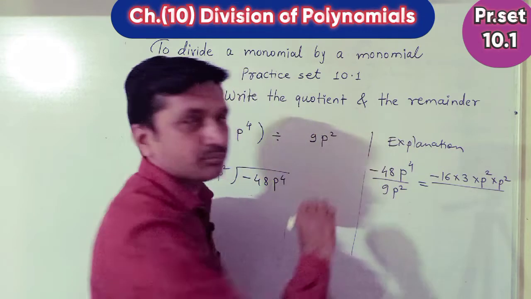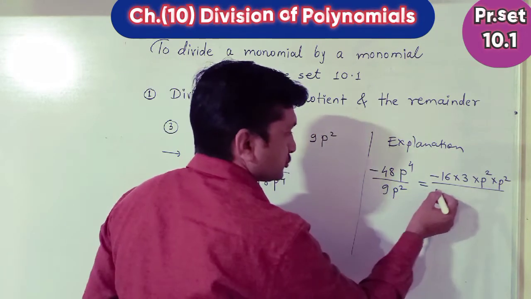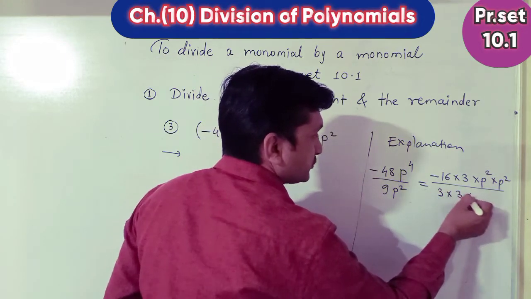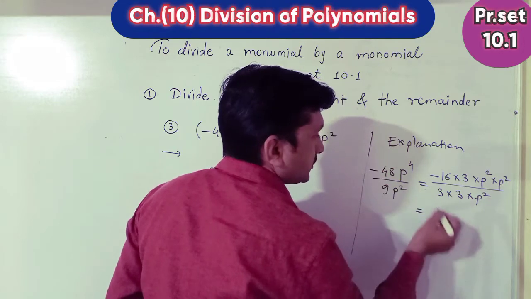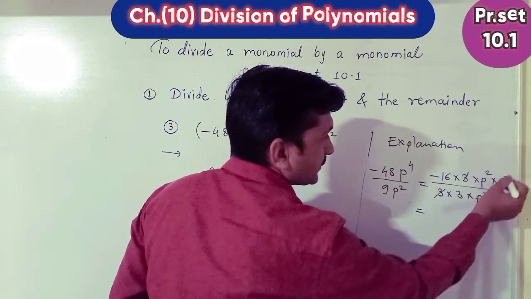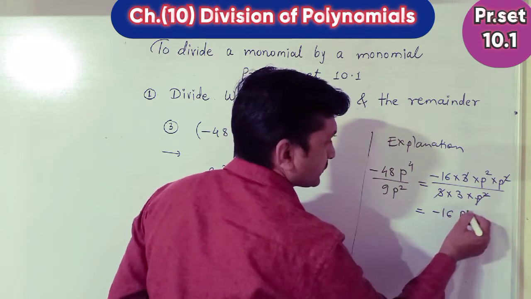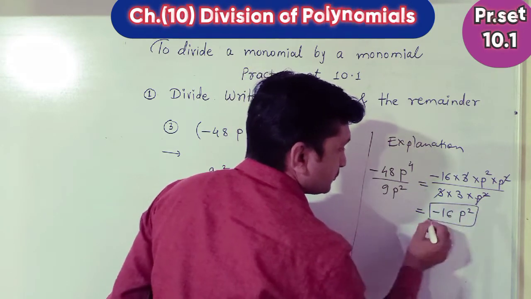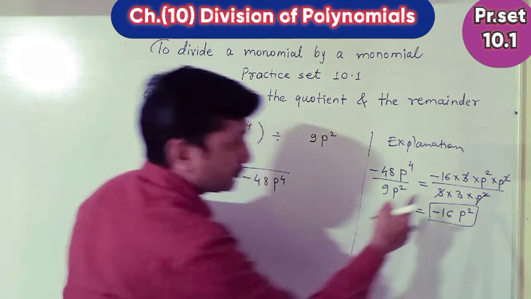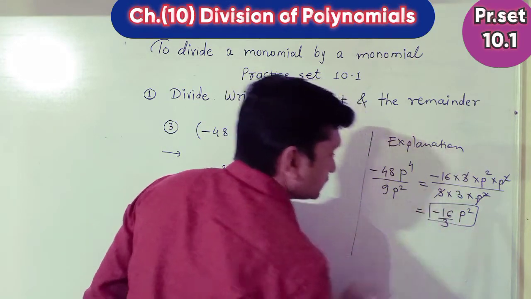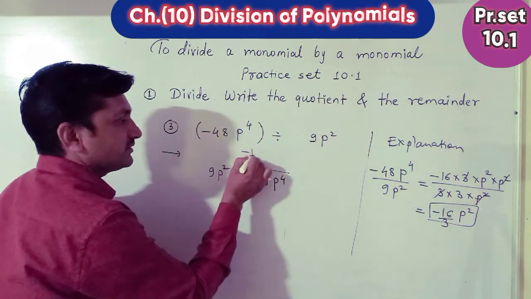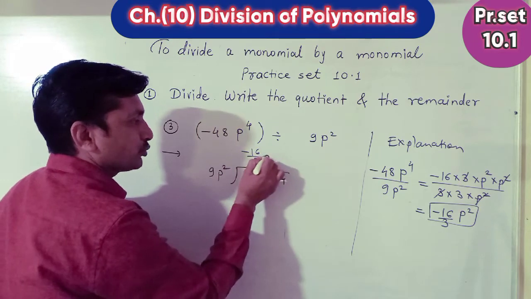Factors of 9, 3 3s are 9, p square as it is. Now 3 will get cancelled and this p square cancels. What is left? Minus 16 p square upon 3 is quotient. Therefore I write here minus 16 upon 3 p square.